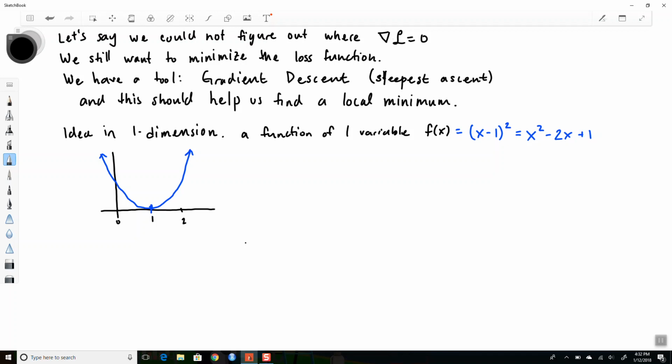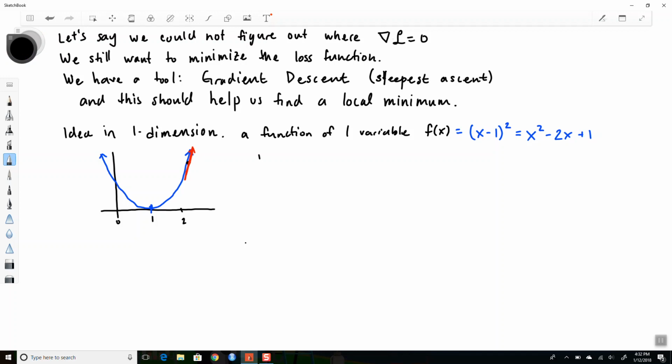Okay, the idea here is that you just start at some point, and you ask, what is the derivative at this point? If we ask what the derivative is at this location, it would tell us the line that's tangent to it. So it tells you in what direction the function is increasing, right?